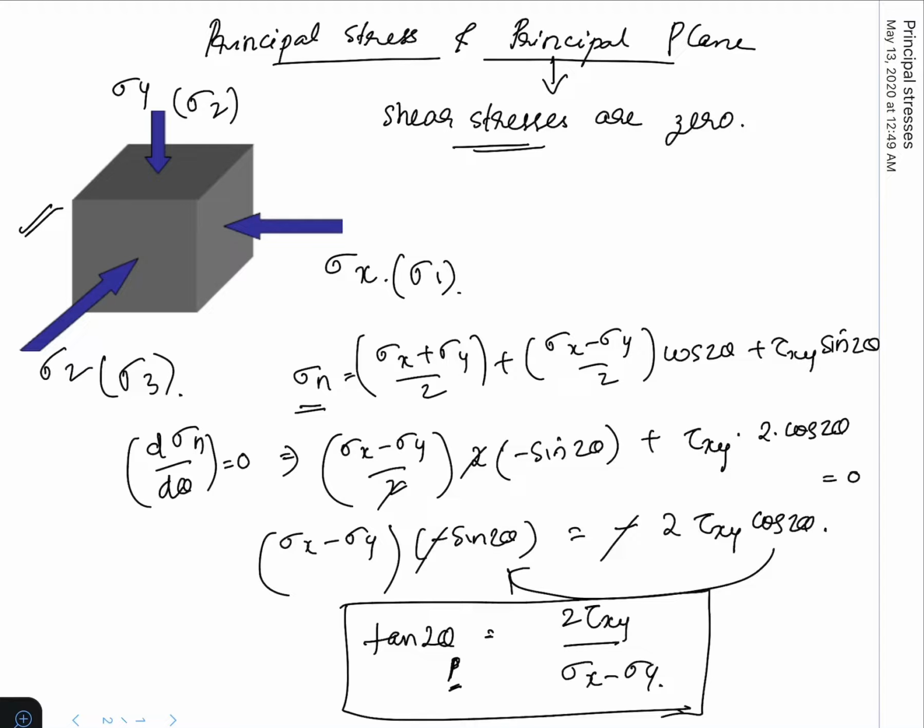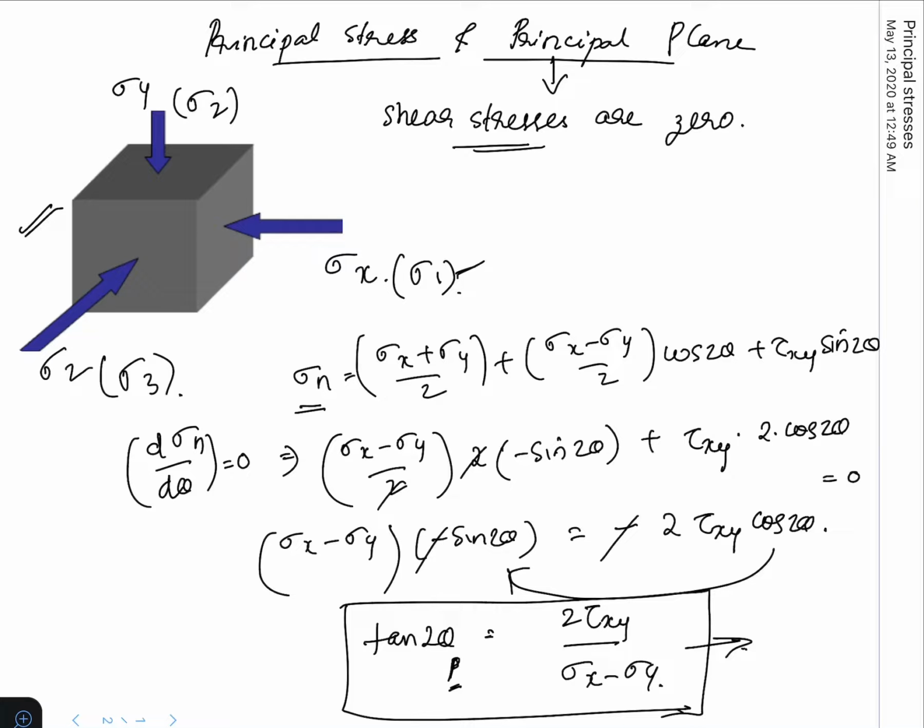When this value of theta occurs, we will have principal planes and principal stresses developed on them. So we substitute this value of tan 2 theta p, and then we get the values of sigma 1, sigma 2 and sigma 3.